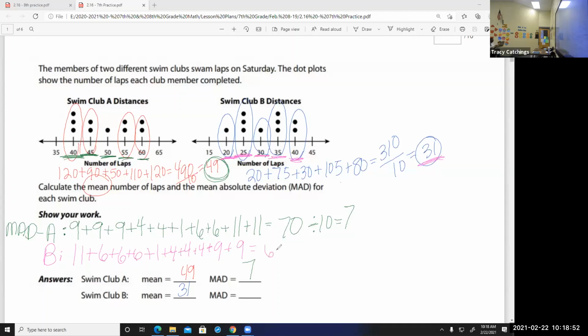All right, so 60 is verified. We know we got 10 numbers. Any questions about it?